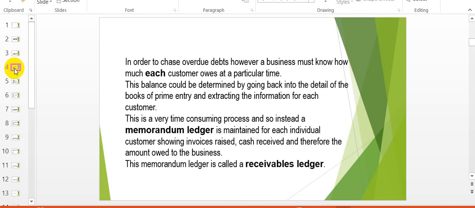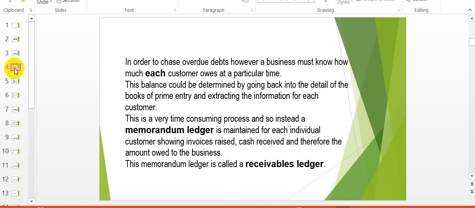So if a company needs to determine how much an individual customer owes, they'll have to go back to the books of prime entry to extract this information, which can be very time consuming.